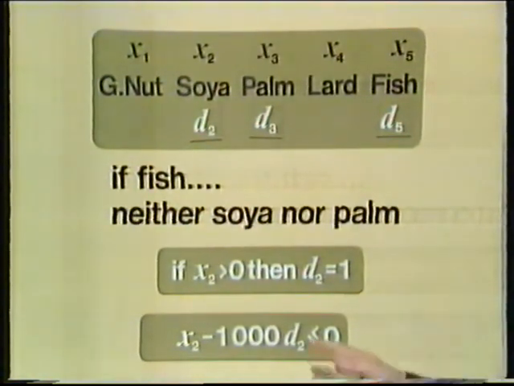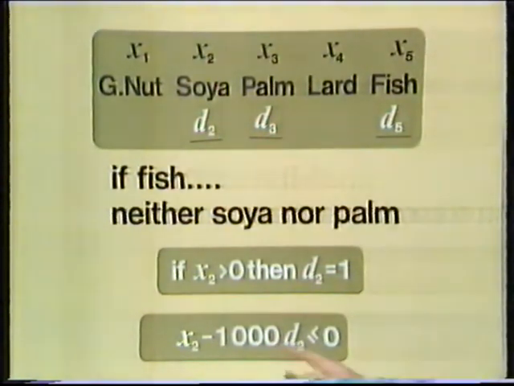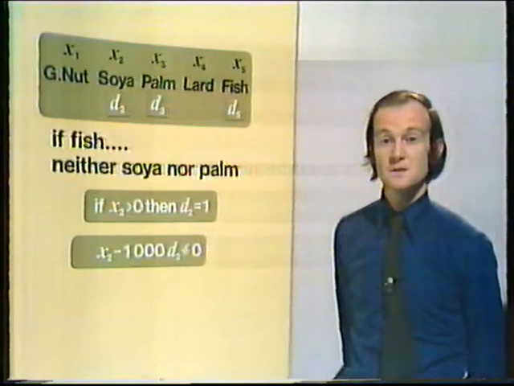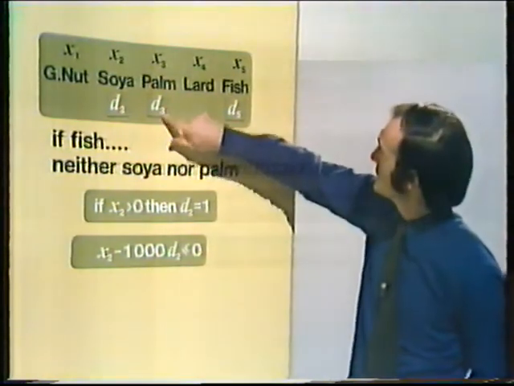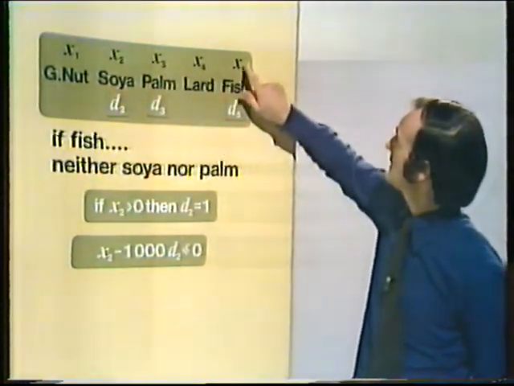On the other hand, if D2 is 1, this constraint simply tells us that x2 is less than 1,000, and we've purposely chosen this coefficient of 1,000 to be a known upper limit for x2. In fact, it's the vegetable refining capacity. As long as we choose this coefficient sufficiently big, we don't impose an unwarranted restriction on the value of x2. And in a similar way, we link D3 to x3 and D5 to x5.